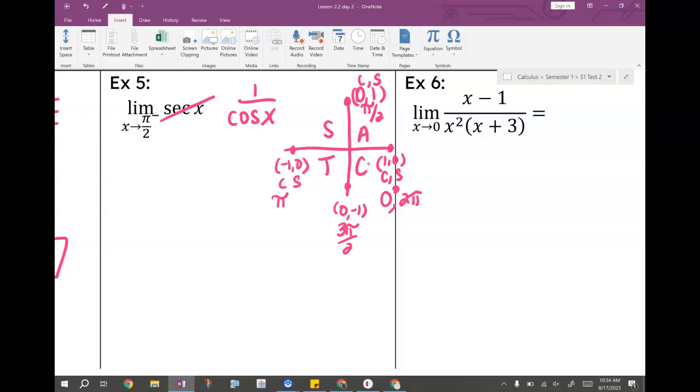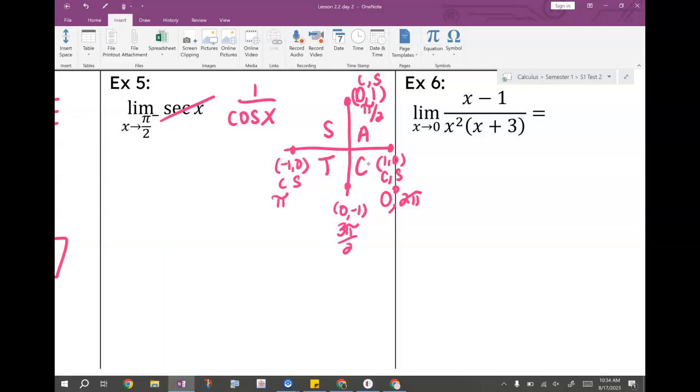What quadrant is 89 in? First. So as we're approaching pi over 2, cosine is approaching 0, but that's not what we're looking for. Technically, if we plugged pi over 2 into cosine, we would end up with 1 over 0, so we know it's going to be infinite. You see what I'm saying?